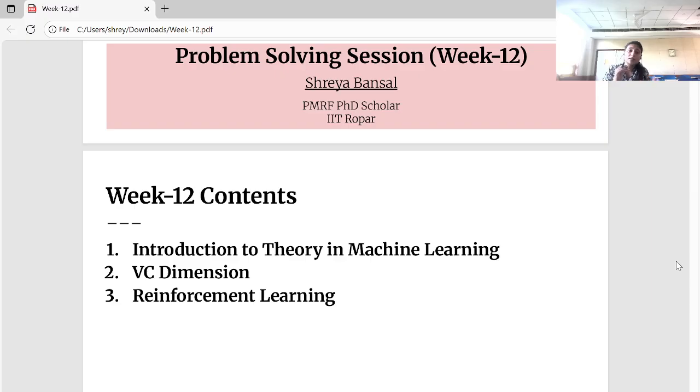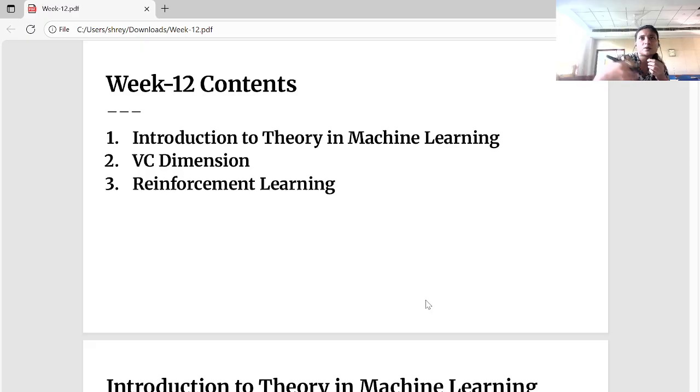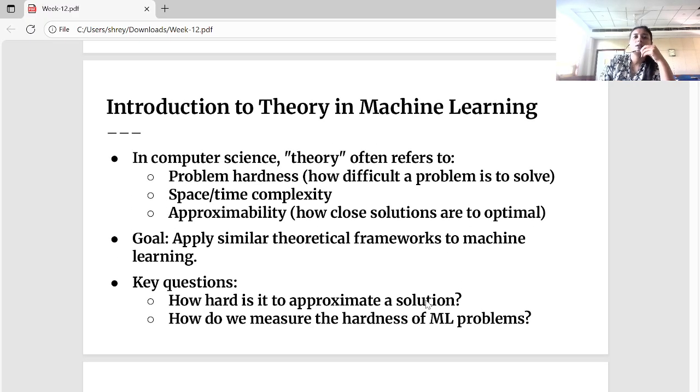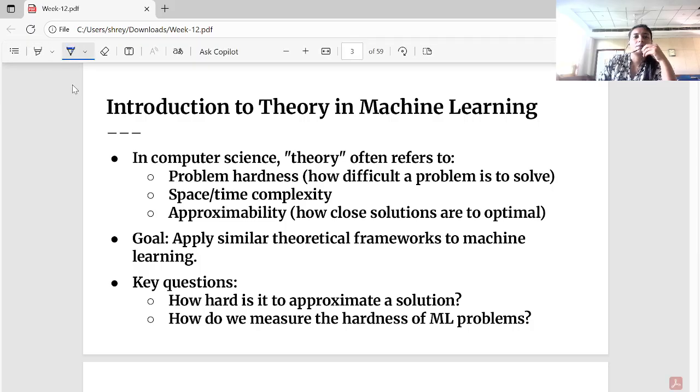We will see what the theoretical concept behind machine learning is, so that if any of you wanted to join groups which work especially on theoretical bounds for machine learning, you will be able to grasp those concepts too. So we are going to start with theory, then at the last we will converge towards reinforcement learning. Let's start with the theory of machine learning.